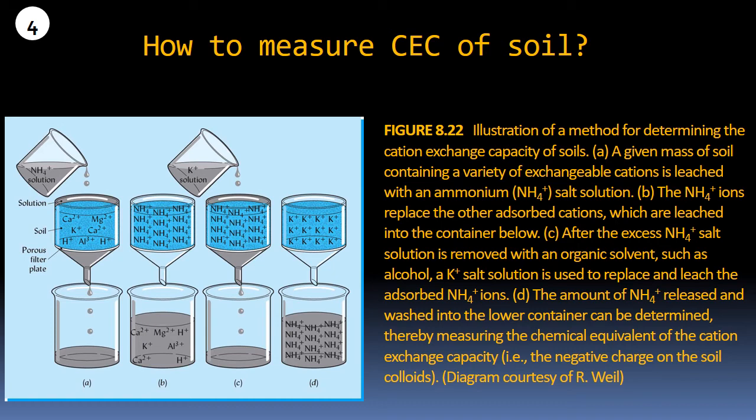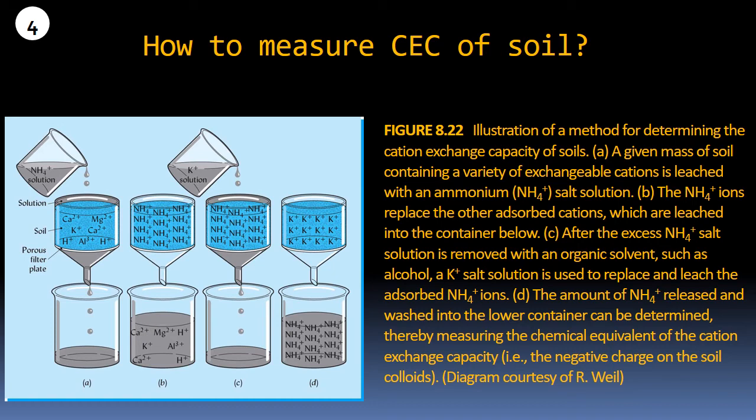Remember, if we have something that is more concentrated, then we can kick out all the nutrients from this adsorbed soil, even if they have larger charges or more strength to be held. So in this experiment, we brought an ammonium salt solution concentrated with ammonium, and then we use it to kick out all of the nutrients.